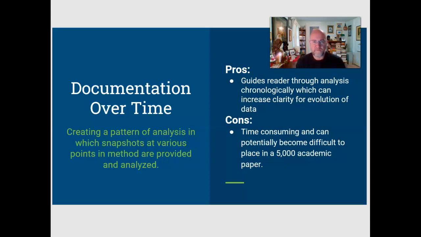The problem with this one is it's very time consuming, right? If you've got 500 pieces of data, you're going to have to spend some time really digging into that and showing this pattern of analysis over time, right? And especially in a 500-word paper.